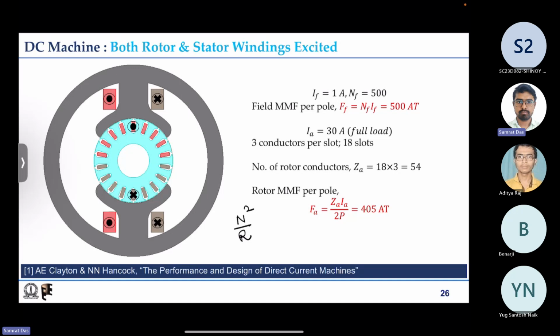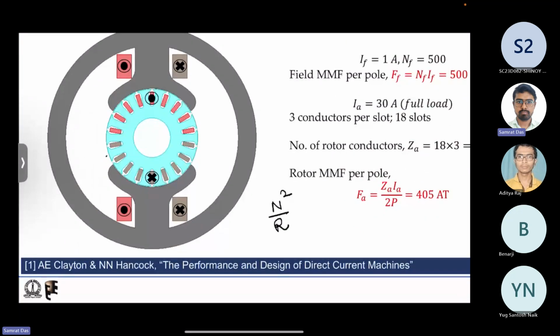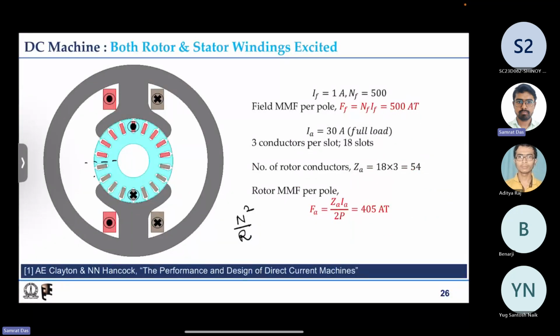You can simply think along the axis. Along the axis, the reluctance of rotor is high. The rotor winding, the armature winding, sees higher reluctance along this axis. So RA is very high compared to RF, because this is the axis of the field, so you have a very small air gap only.